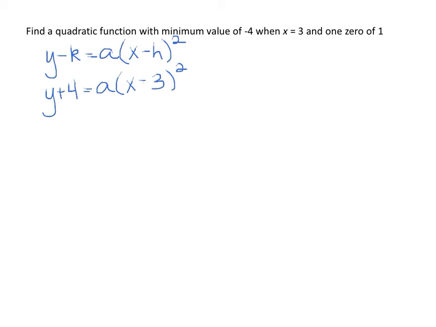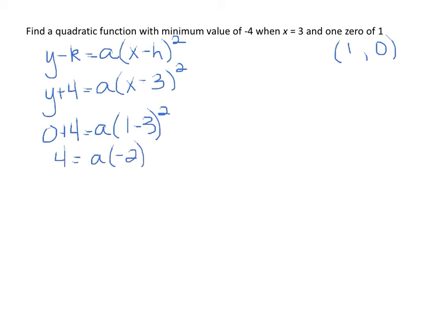So what that means as far as coordinates is the coordinate is at 1, 0. So now I just plug in 1 and 0 for x and y. So in this case, again, a is equal to 1.